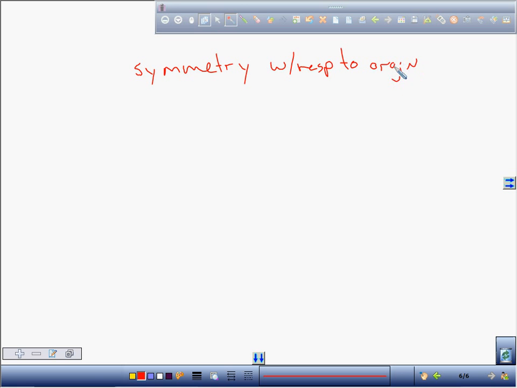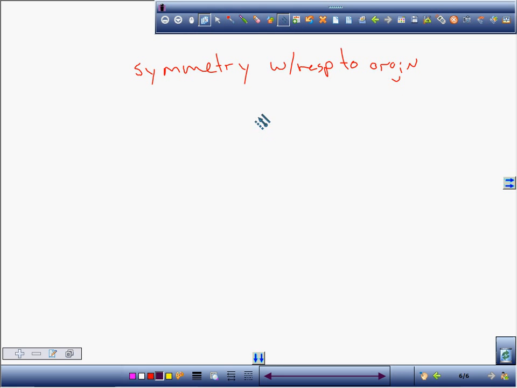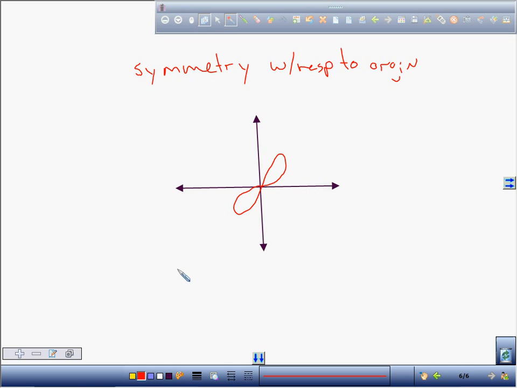And that's kind of like if you have little loops like that, the one on the back of the sheet there, if you have something that looks like a petal design, that has symmetry with respect to the origin. Okay? Because if I flip this 180 degrees, it would basically look the same.